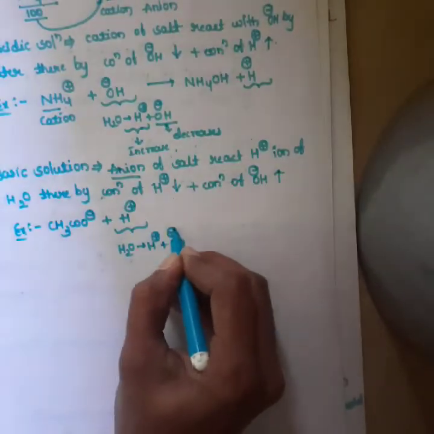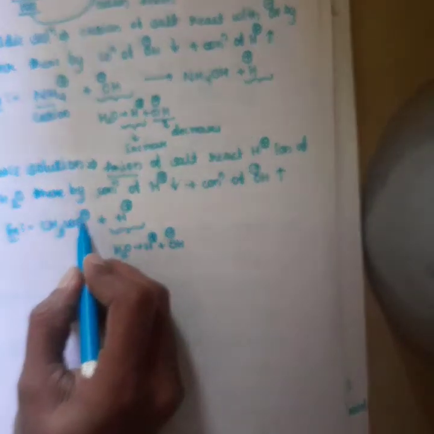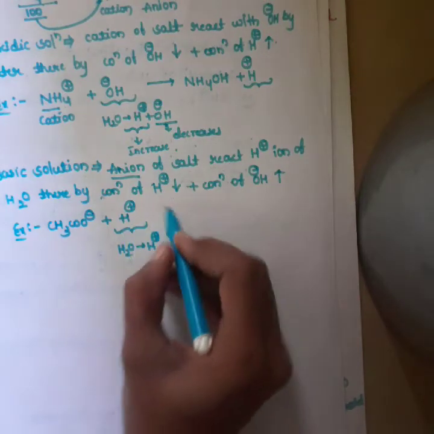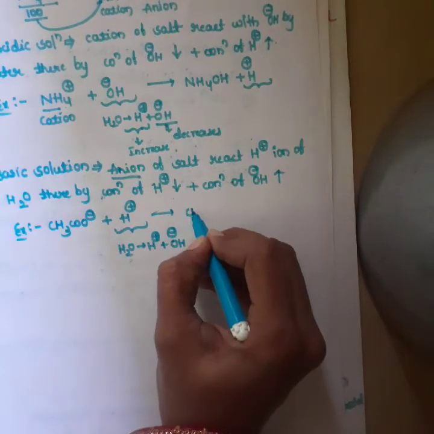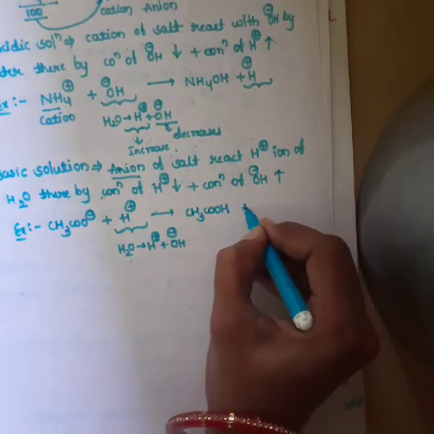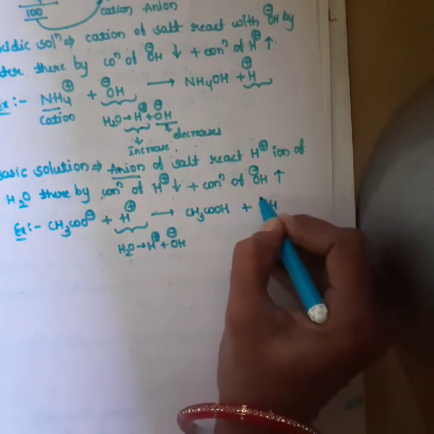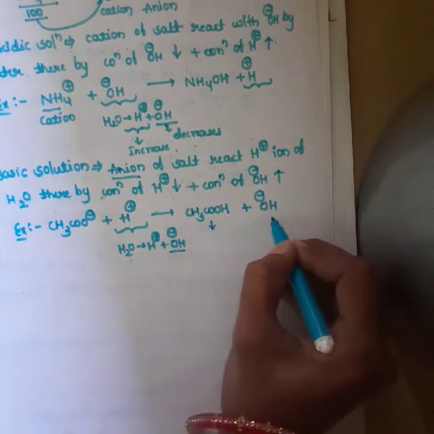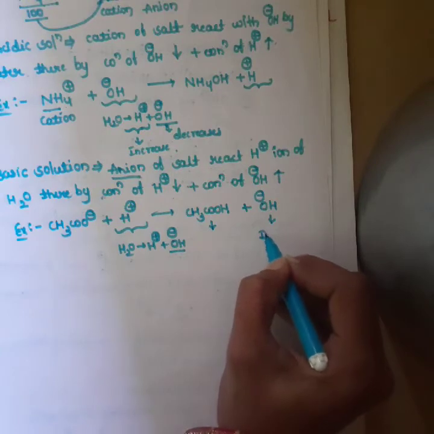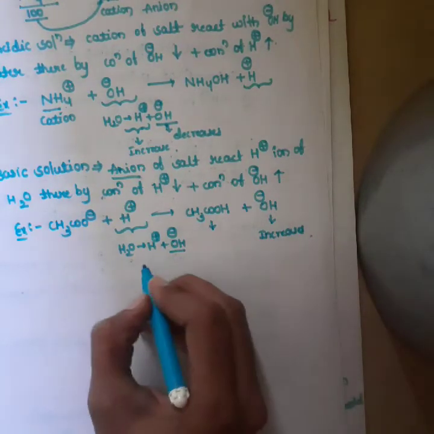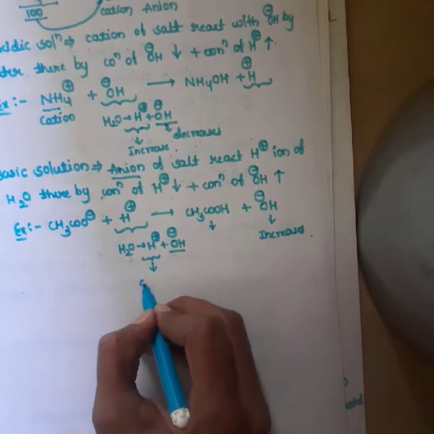Acetate ion is negatively charged, so it will react with positively charged H plus ion. It will give acetic acid, CH3COOH, plus OH minus. The OH minus remains from water. Therefore, the concentration of OH minus increases and H plus decreases.